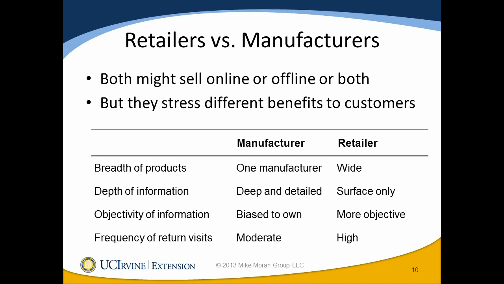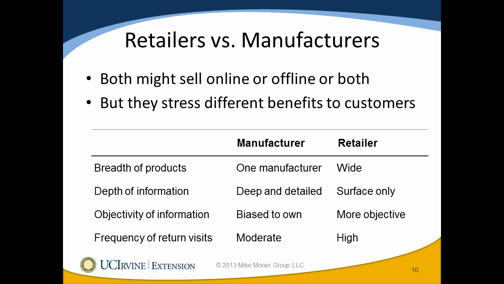On the other hand, it's probably less detailed. And also, if you think about how retail sites have started to evolve, it's much more likely that a retail site is going to have online ratings and reviews from customers than a manufacturer's site, although it's possible for each of them to have such a thing. And that information you would expect to be the most objective information.